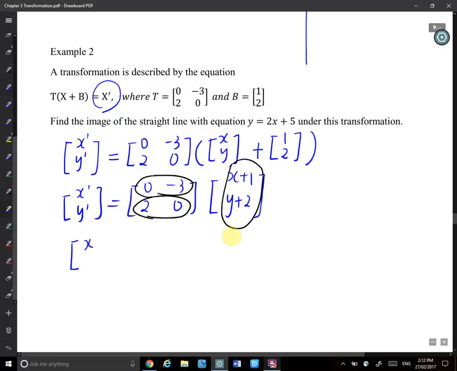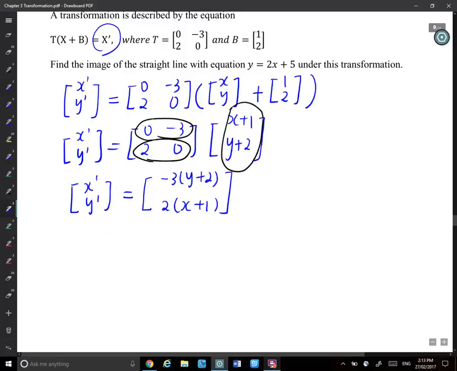You have x dash and y dash equals 0 times that, which becomes 0, and negative 3 times that is negative 3 times y plus 2 in the bracket, and 2 times x plus 1 in the bracket. So x dash equals that, and y dash equals that.